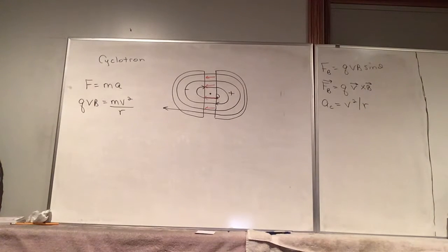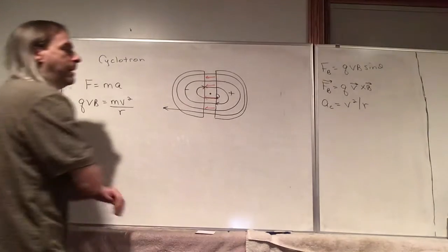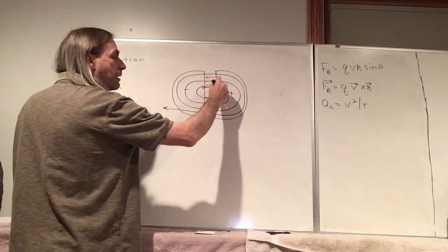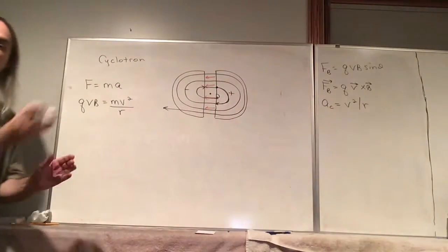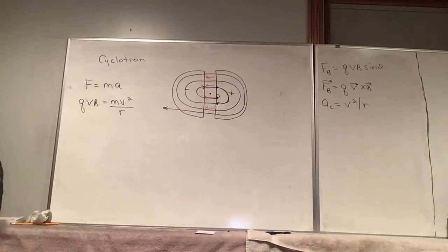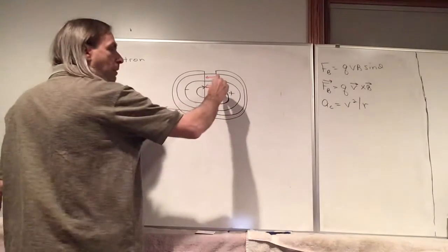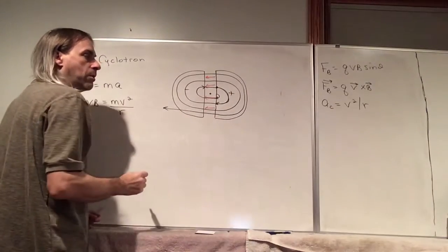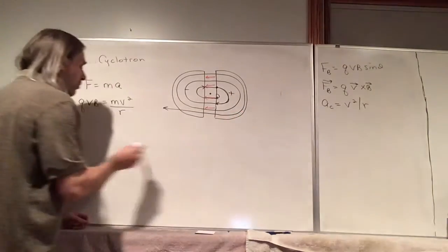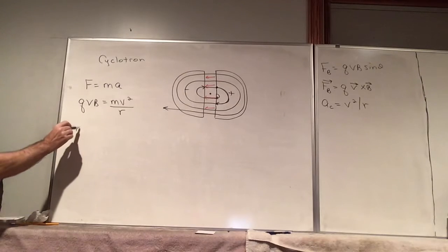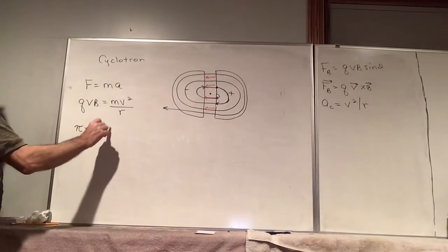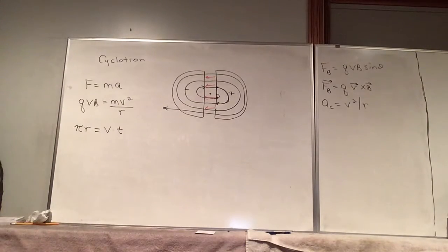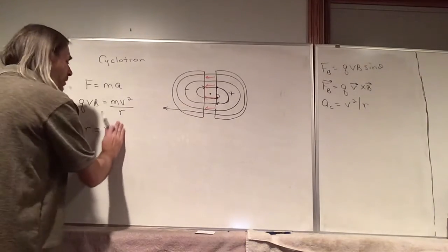Let's look at the time it takes to go through, say, this arc here. Every arc is going to have a different velocity, so let's just pick one. We know it's going to go through half of a circle, so the distance it travels is pi times the radius that it's at, and that would be equal to v times the time it takes, so t, let's call it delta t.